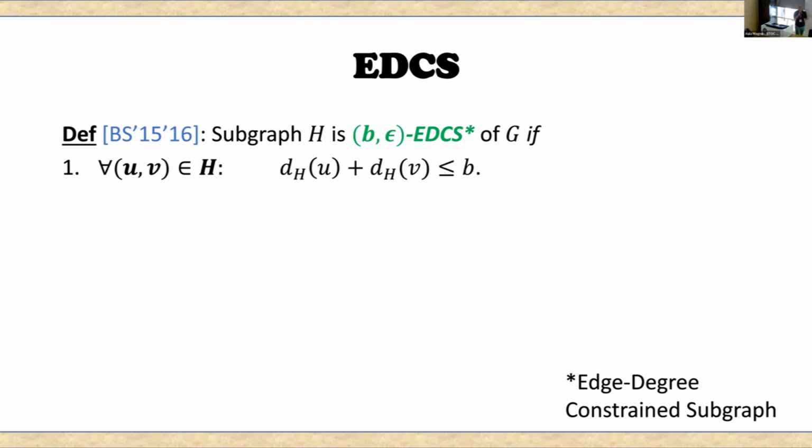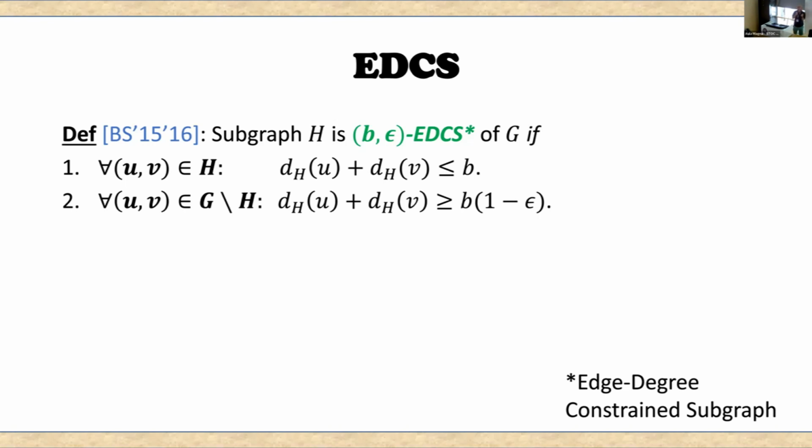For every edge UV in H, the sum of its endpoints' degrees is at most B. This guarantees a bounded max degree, so we are already clear that this is useful for dynamic implementations. In addition, for every edge UV in the graph which is not in the sparsifier, the sum of degrees is basically B, at least B times 1 minus epsilon. And if you think about the example from earlier, this will include all the horizontal edges.